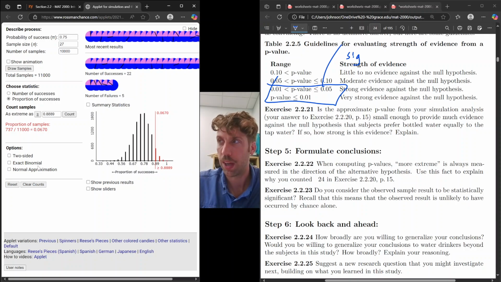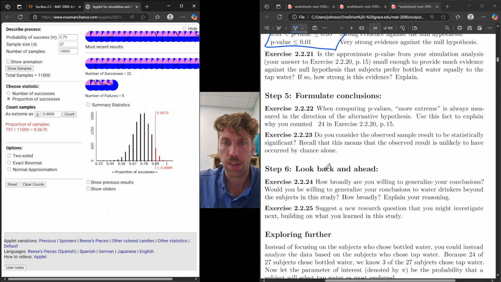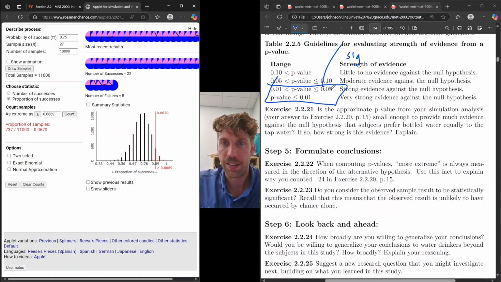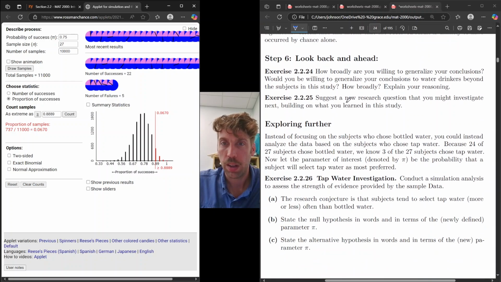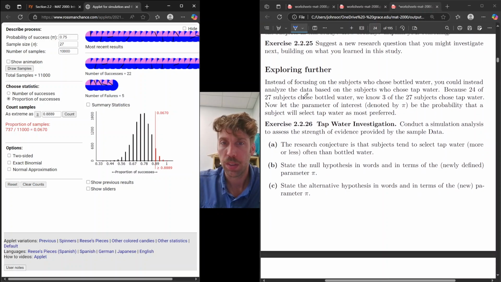Okay? All right, do you consider the observed sample to be statistically significant? So does it fall in here? That's what we're asking. And then suggest a new research question that you might investigate next, building on what we learned in this study. So that's up to you. Use full sentences and use some detail. Okay.